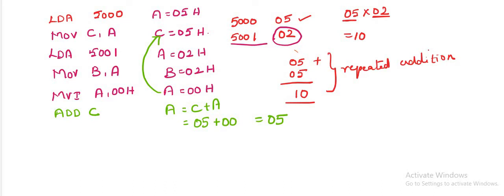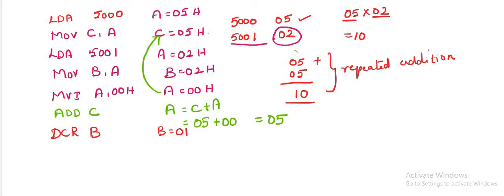Next, this value 05 has been added one time. So we have to reduce the B register from 02 to 01, because we have to add 05 two times, but one time is completed. Using the decrement instruction we can reduce it. So DCR B. Now the B register will be 01.